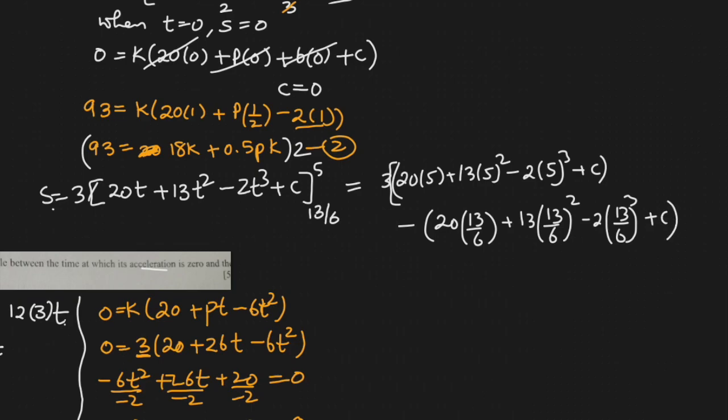Many of you object why I write c all the time when it is not needed, but it's a habit, and I know c exists. It is not part of the definite integral, but it exists, so it's better to write it and then cancel it out.